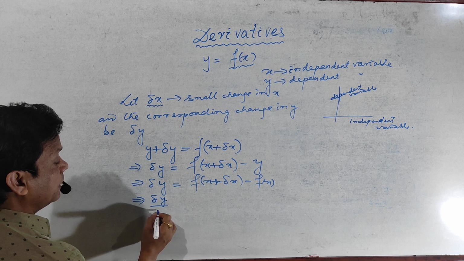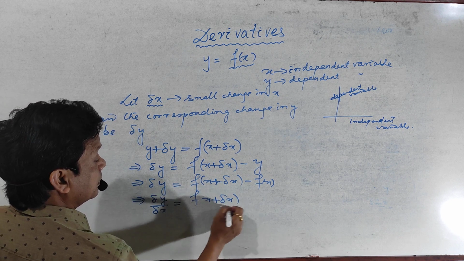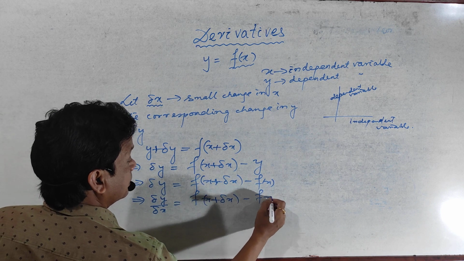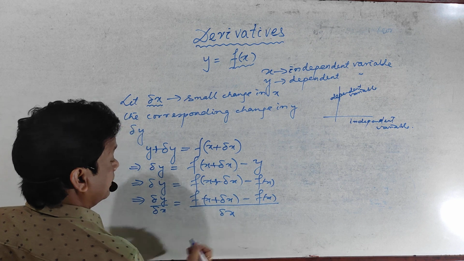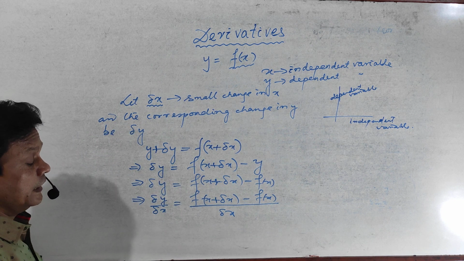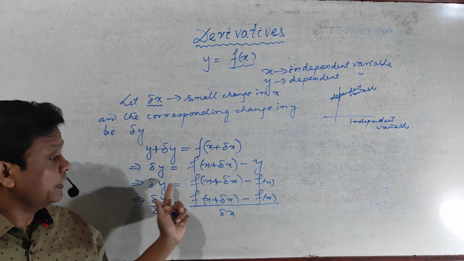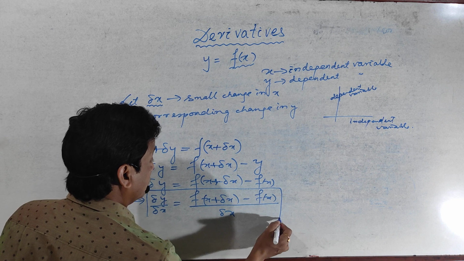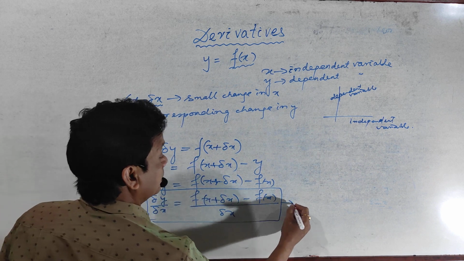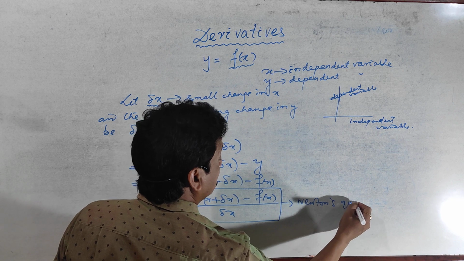So it will be delta y by delta x is equal to f of x plus delta x minus f of x, divided by delta x. And since this was discovered by Newton, this is also known as Newton's quotient.